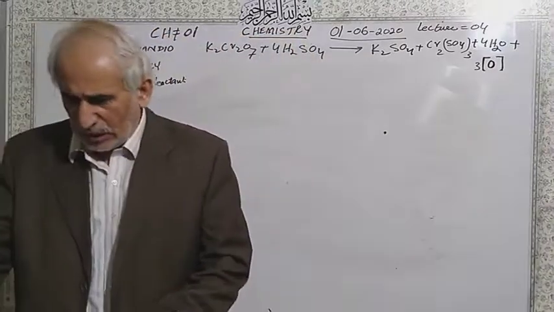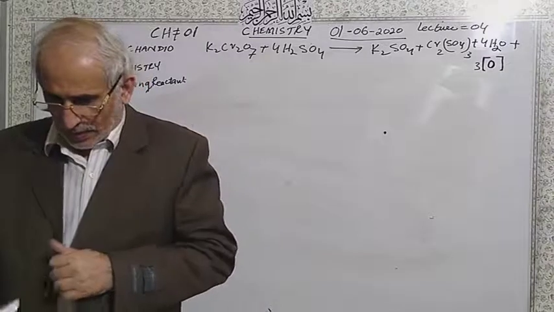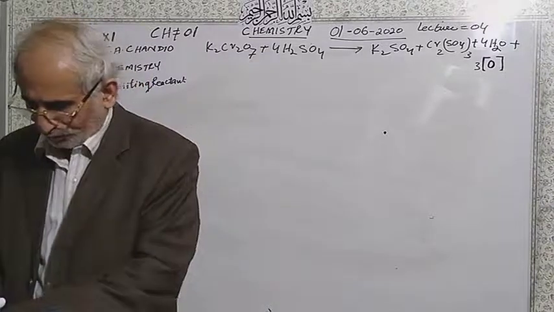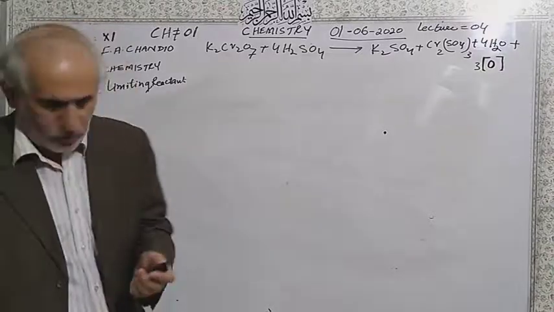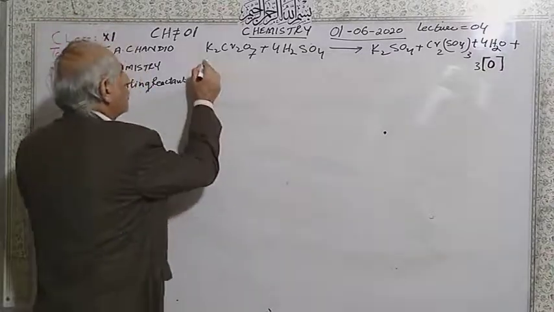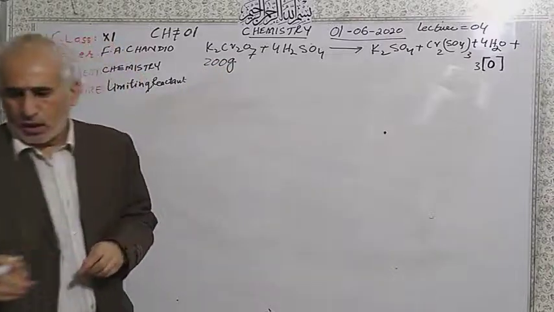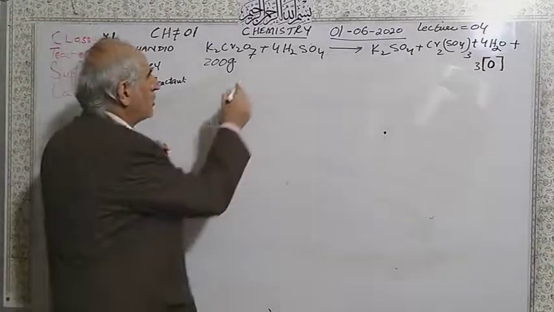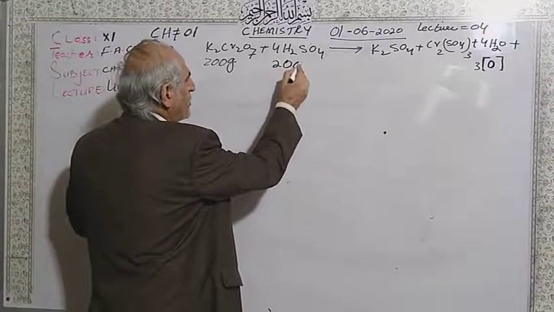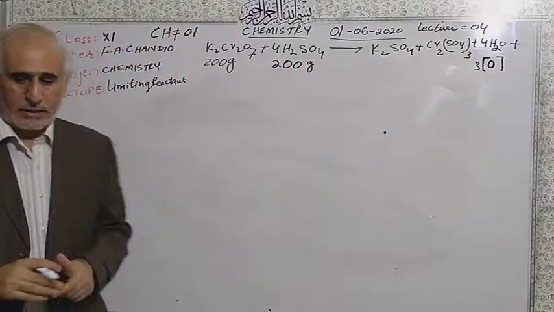So this is a chemical equation. So the question is asked. The question is: 200 grams of potassium dichromate, okay, 200 grams are given here, and also 200 grams of sulfuric acid given.